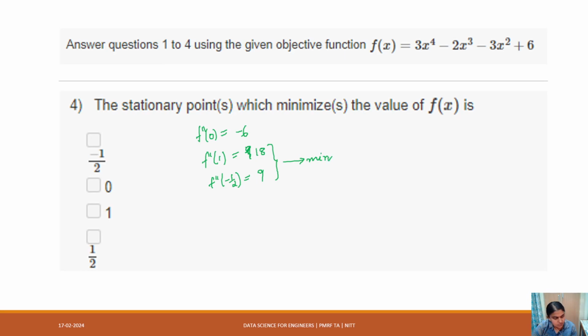Now since you have 2 points, you have to substitute this in f of x. So f of 1 equal to 3 minus 2 minus 3 plus 6.